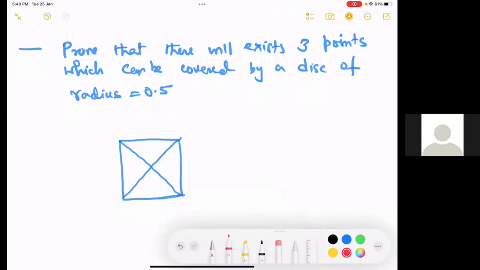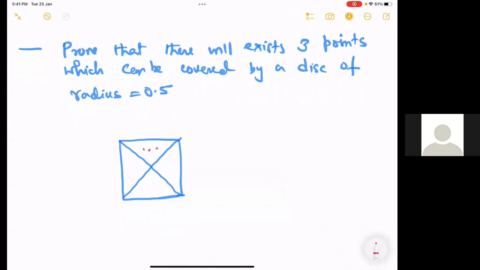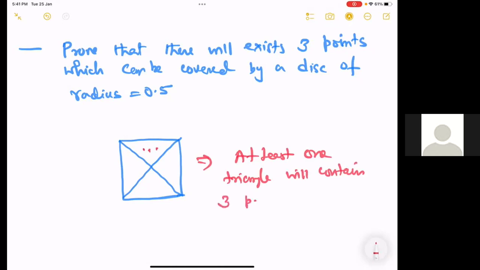Yes, so if you place 2, then you get 8. So there will be at least one slice or one triangle that will contain 3 of them, right? And then it's very simple.